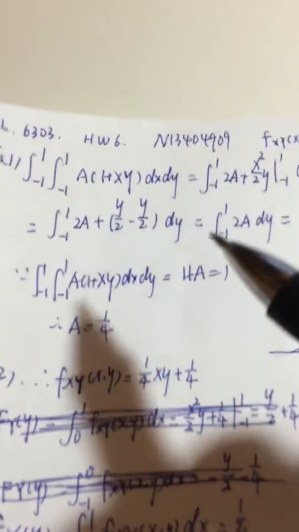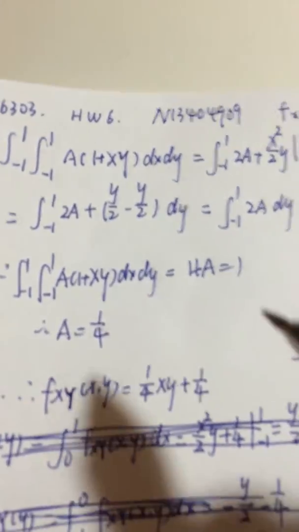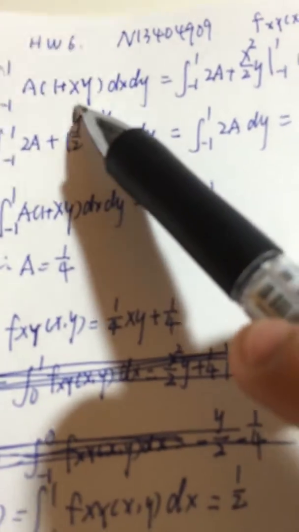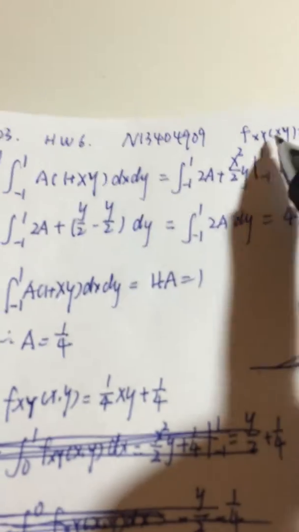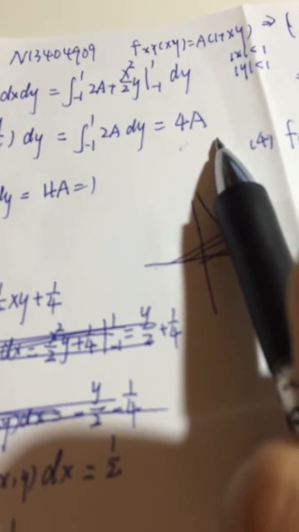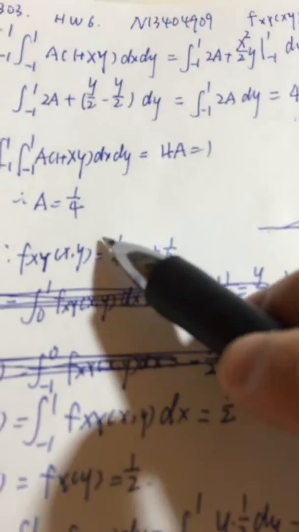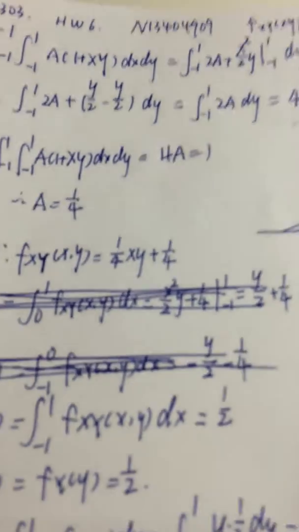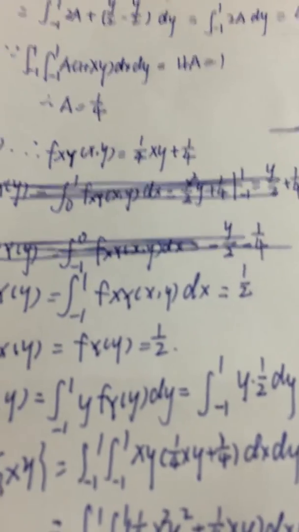To make it valid, if we integrate over x and y, the answer should be 1. So we integrate over x and y using this joint density function, and we find it equals 4a. So 4a should be 1, and a should be 1/4.